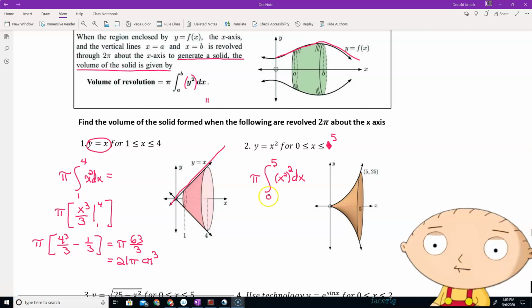Okay, find the volume. Okay, let's continue. Find the volume of a solid formed by the equation y equals x squared. So x squared is making our radius.